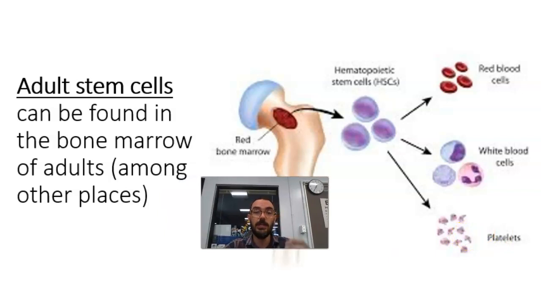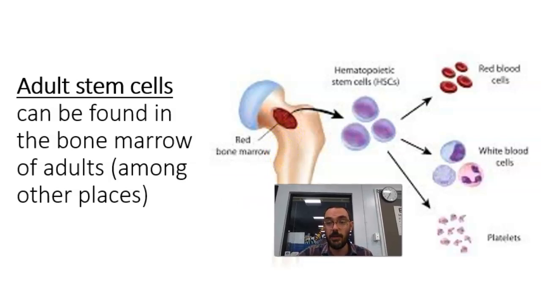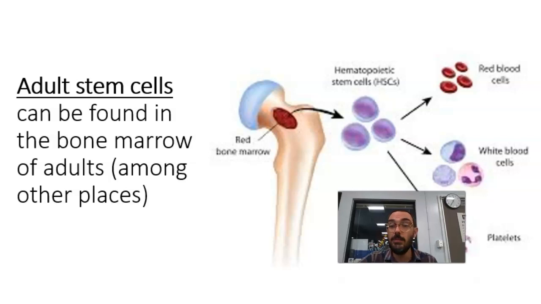And so what we can do is we can extract that bone marrow and we can access those stem cells for certain types of therapy. Think of treatment for leukemia, for example, or bone cancer. What we want to do is we want to eradicate all of the cancer cells and then replace those stem cells with new stem cells from a donor.